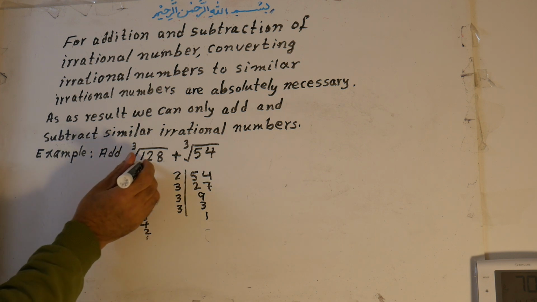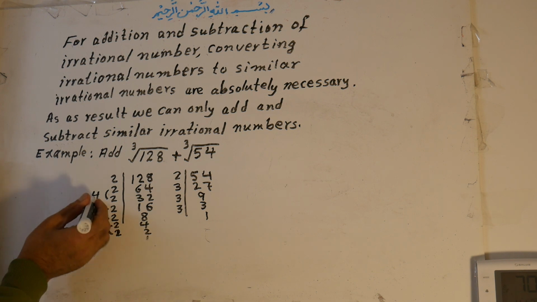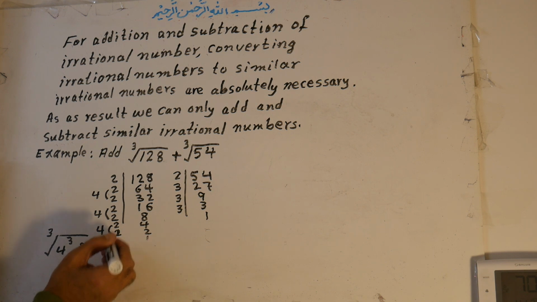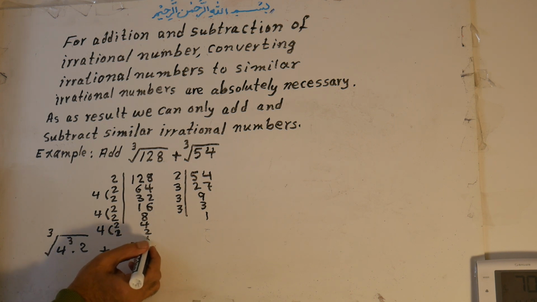Instead of 128 we can write 4 times 4 times 4, 4 to the power of 3, times 2 under the cubic root, plus this one, 3 to the power of 3 times 2 under the cubic root.